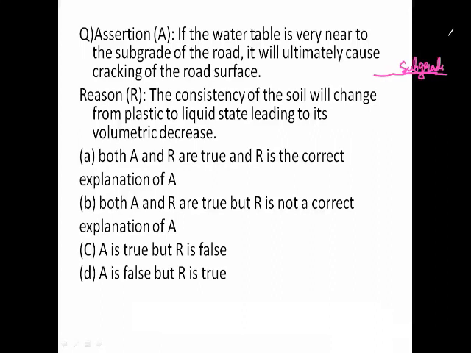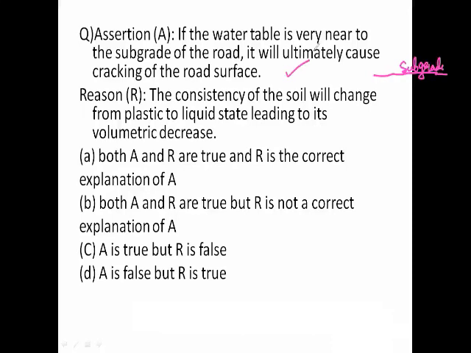Of course, this is the criterion that the subgrade should always be above the water table. You have to maintain the minimum water table height so that the subgrade is not affected. Therefore, we can write that this is correct.